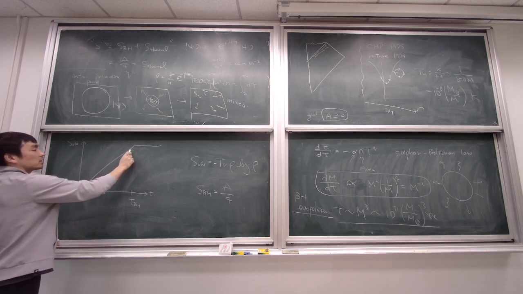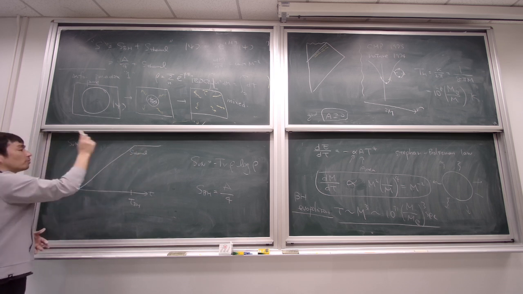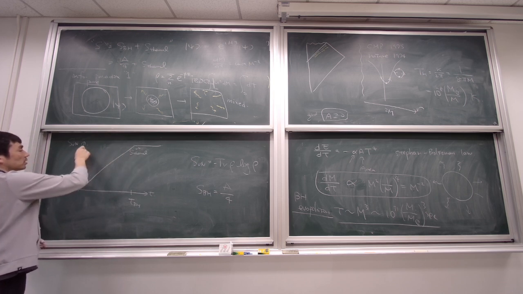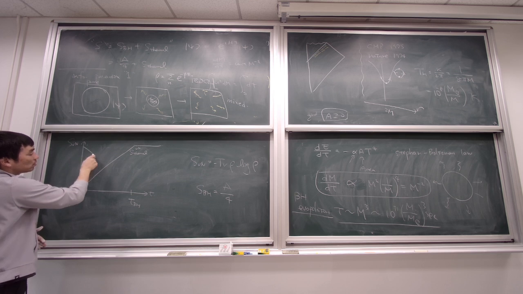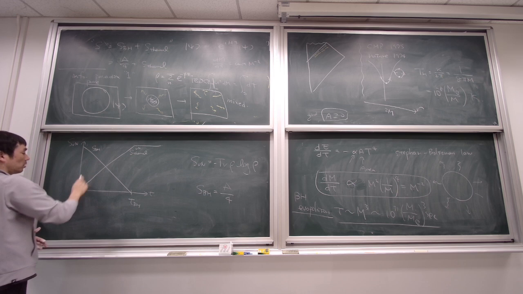So this is S thermal radiation, of course von Neumann, but the S black hole keeps decreasing from 0 to.